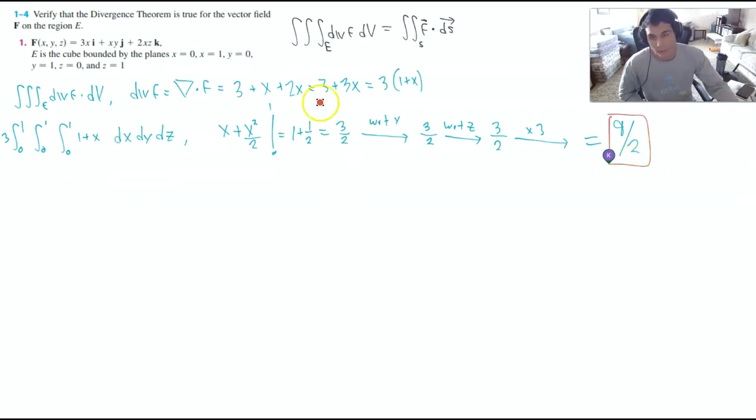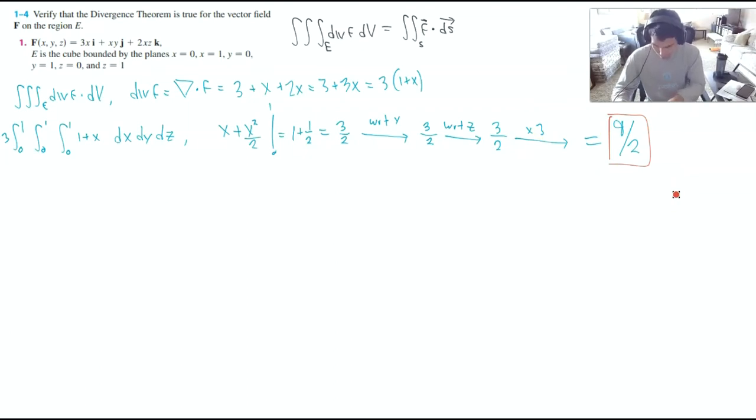So I just did the first integral, and then I see that this is purely a function of x. So the dy integral is just 1 times this, and the dz integral is just 1 times this, and remember we had a constant on the outside.